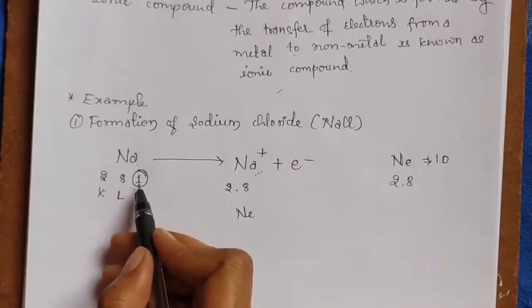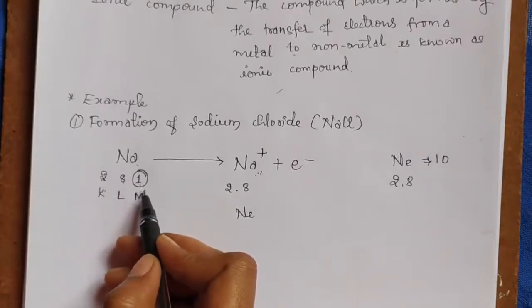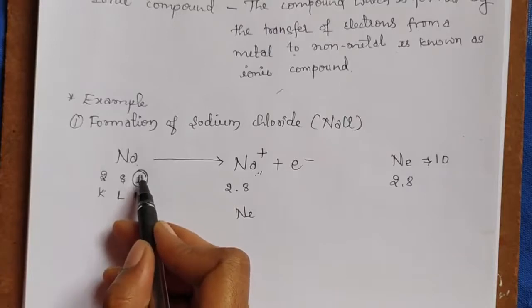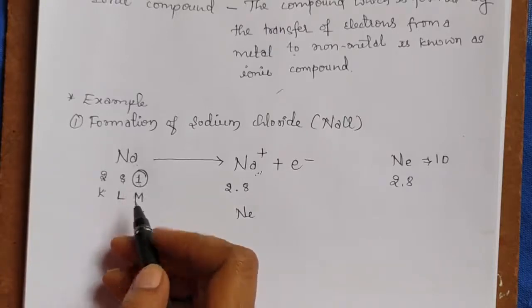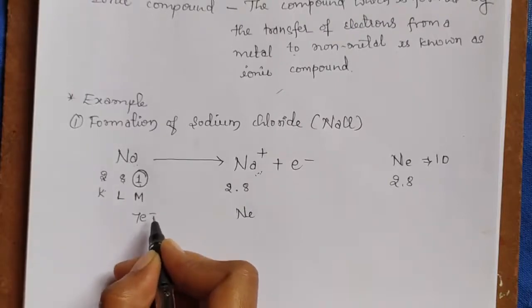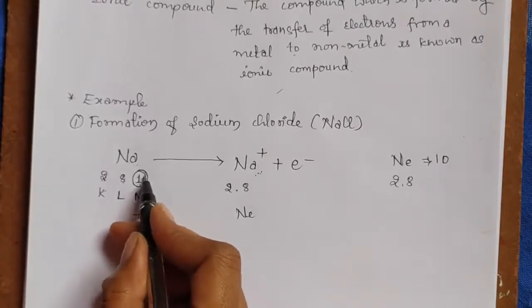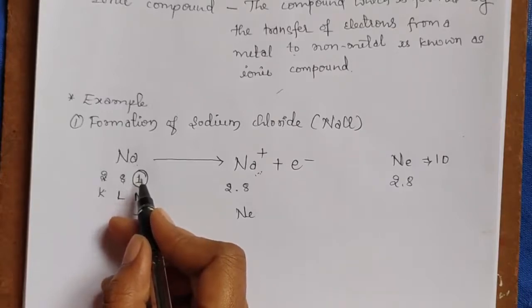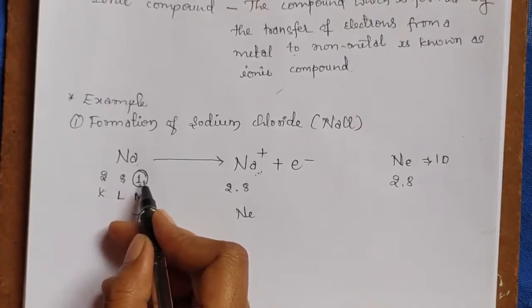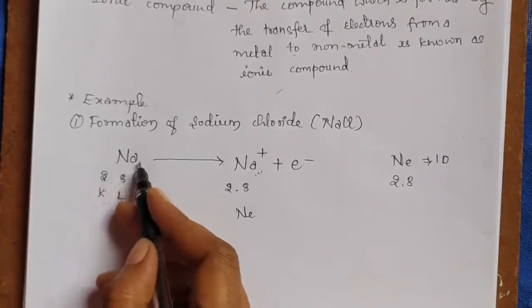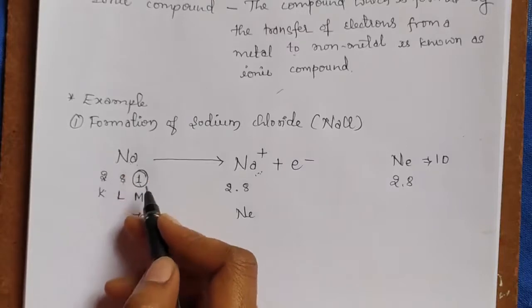Sodium has only one electron in its outermost shell. It can easily lose one electron instead of gaining 7 electrons. When it gains 7 electrons, its outermost shell will be completely filled, and when shells are completely filled, the atom becomes more stable.